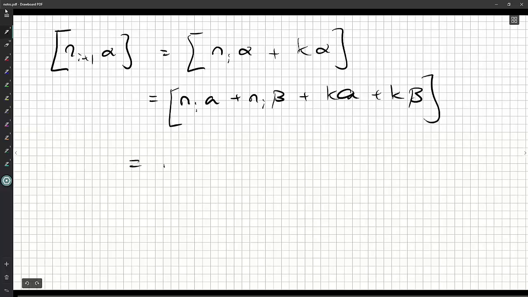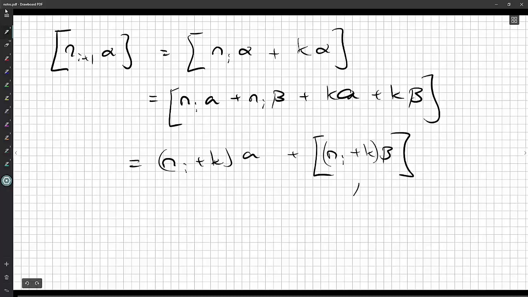But integers can pop out, so this is n_i plus k alpha plus n_i plus k beta's integer part, and eventually this should get big enough so that we get a different value here than one might expect.